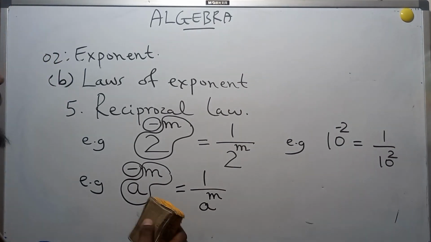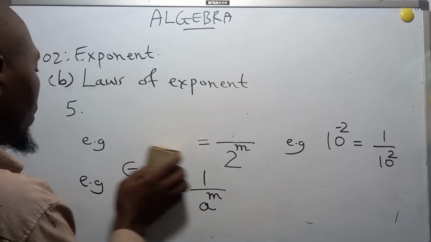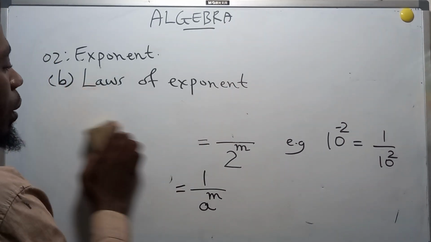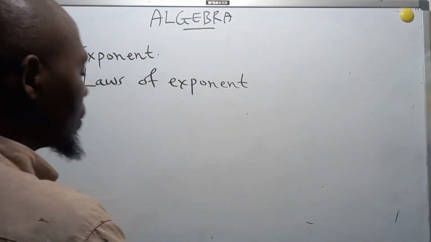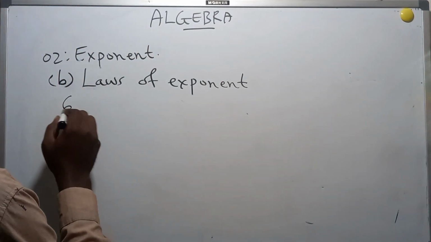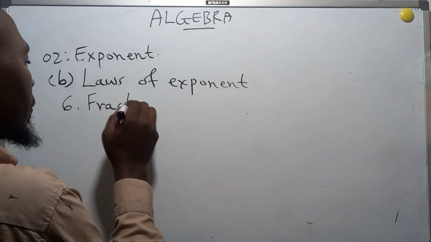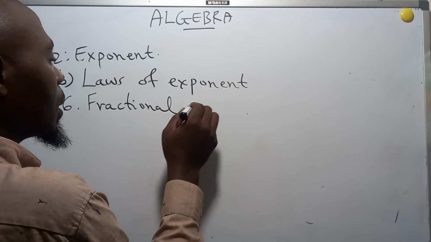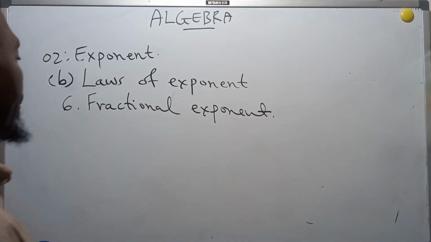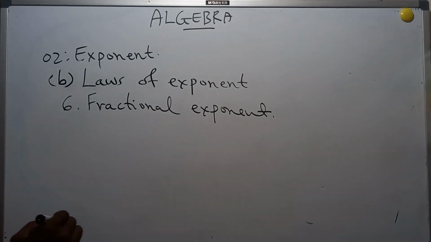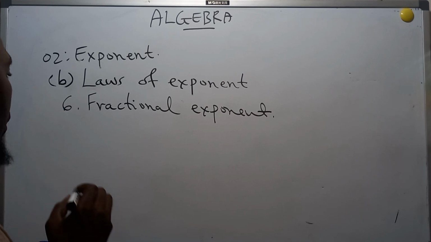Okay, let me continue with the sixth law of exponent, which is fractional exponent. A number whose power is a fraction is known as a fractional exponent.